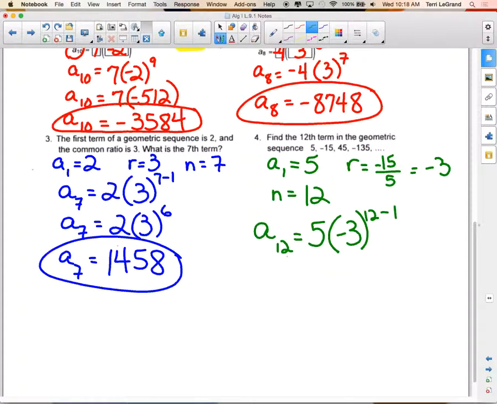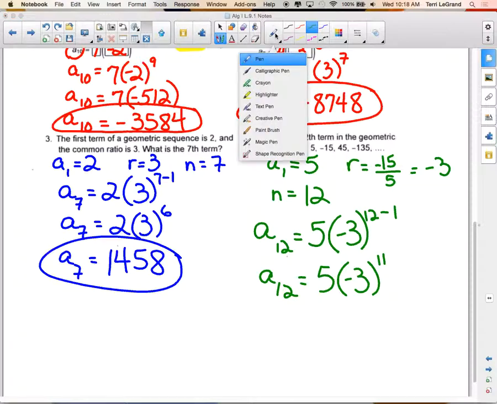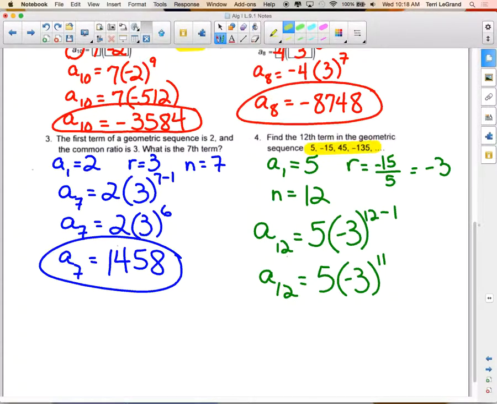Okay, I want you to just right now, before we even put it into our calculators, tell me what kind of answer we should expect to get. Considering that this right here is our sequence, we want the 12th term. Should it be positive or should it be negative? Looks like it better be negative. Okay, go ahead and see what happens when you get that one.